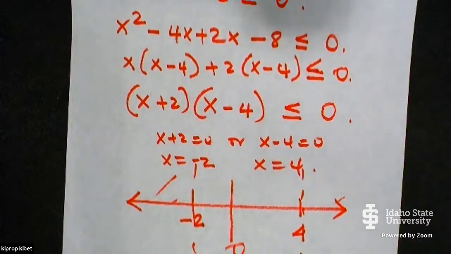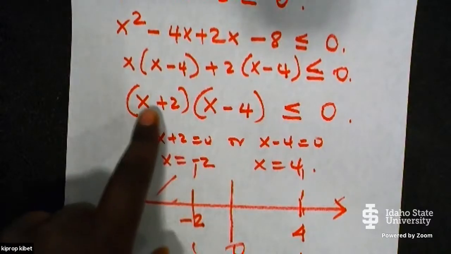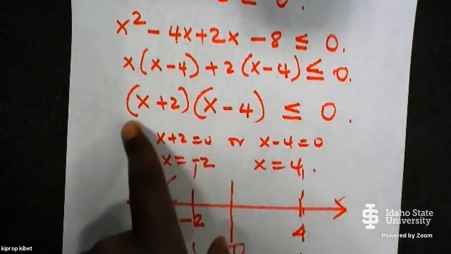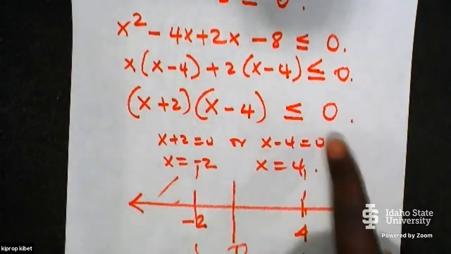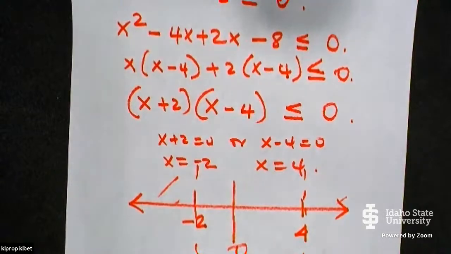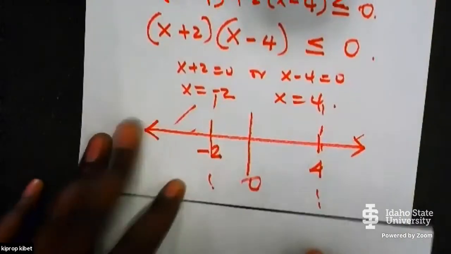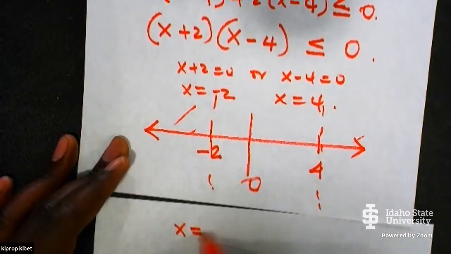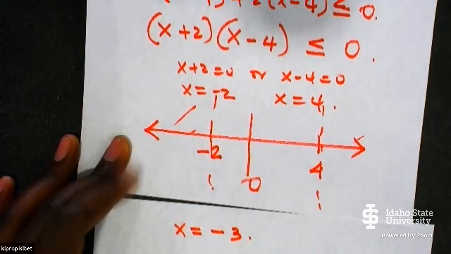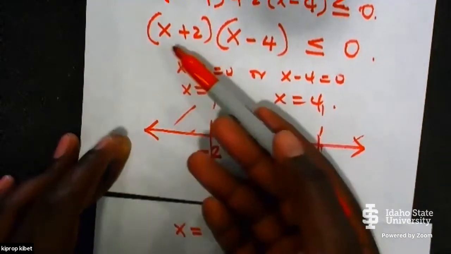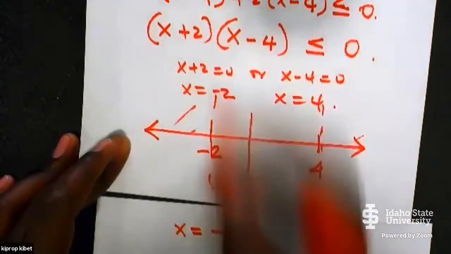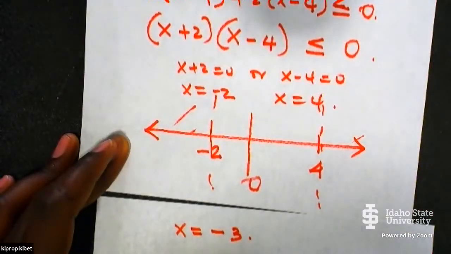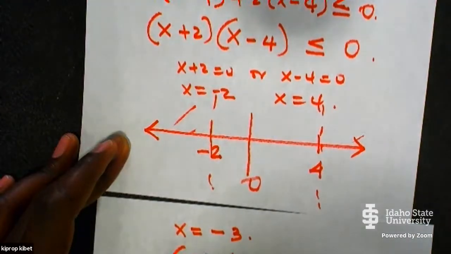Now we use trial and error to see whether we can get the region where this value is less than or equal to 0. If we start from this side, we can choose x to be equal to -3.